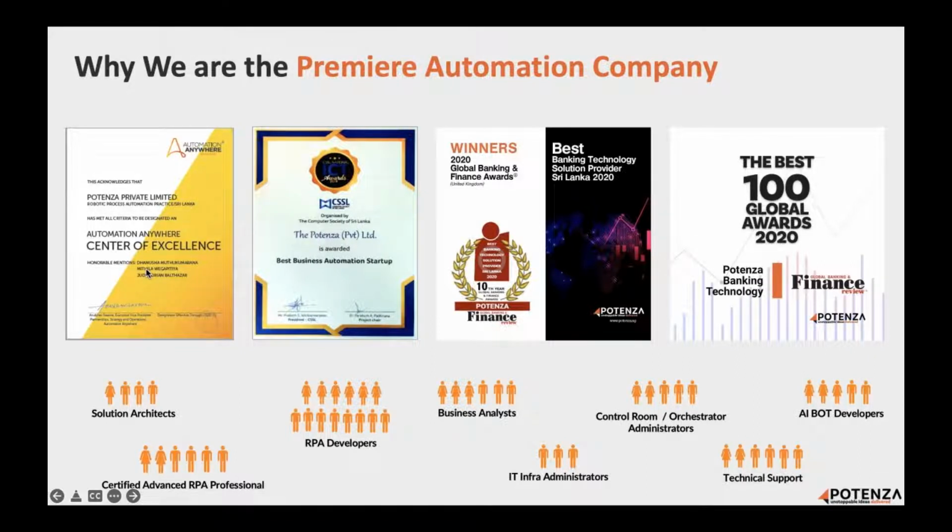We have continued it for the last 3 years consecutively without any failure, meaning we have adapted to the COE process and live by that standard, so the deliverables are consistent in quality. We also became the best business automation startup in 2019. That's a couple of years old, but it's an award that we won. We also won the best banking technology provider in Sri Lanka by the Global Finance Review, and we were selected as one of the best 100 companies globally in banking technology.